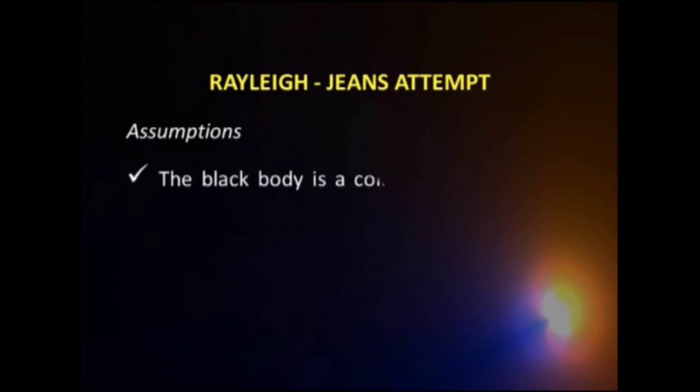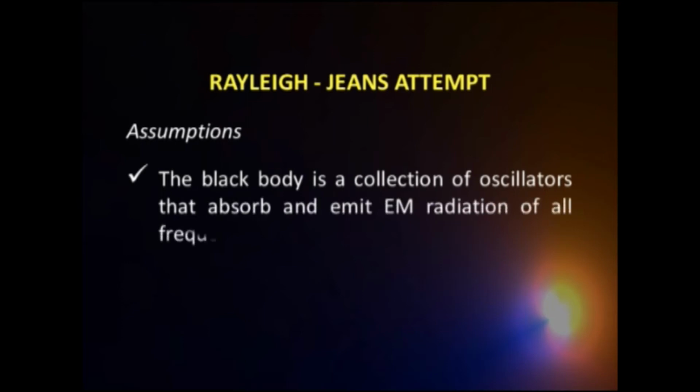The next serious effort was made by Lord Rayleigh and later modified slightly by Jeans. Lord Rayleigh assumed the black body to be a collection of oscillators. That means the atoms and molecules constituting the black body are visualized as oscillators that can absorb EM radiation of all possible frequencies.